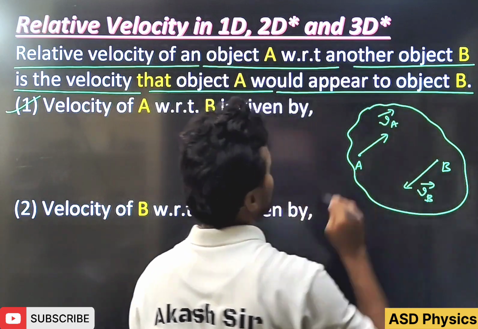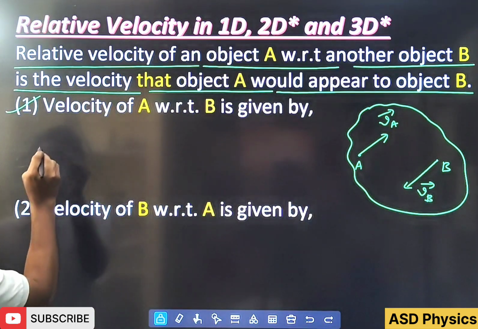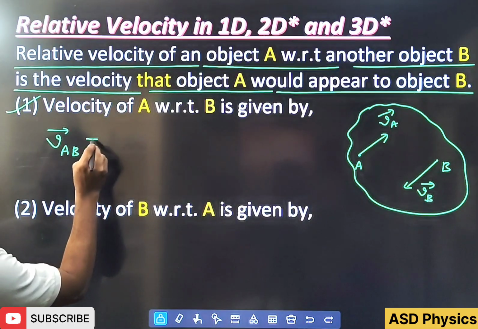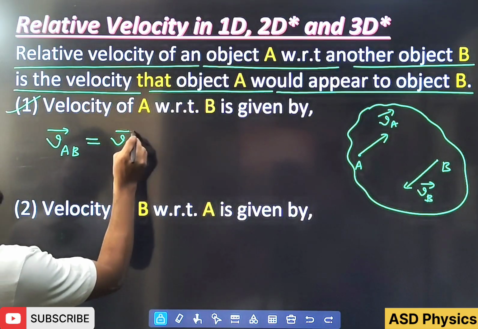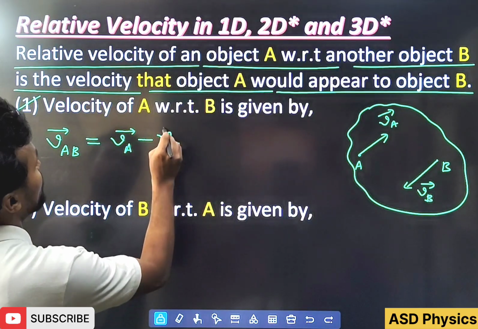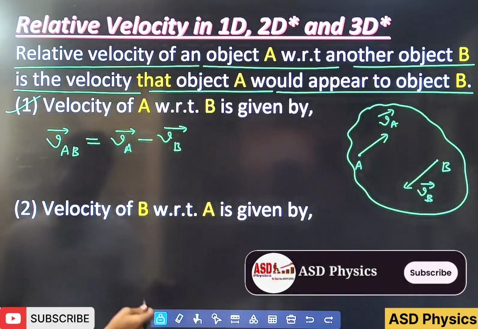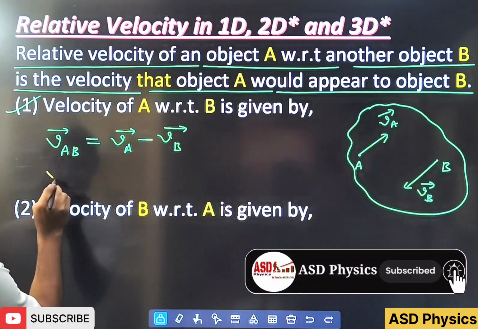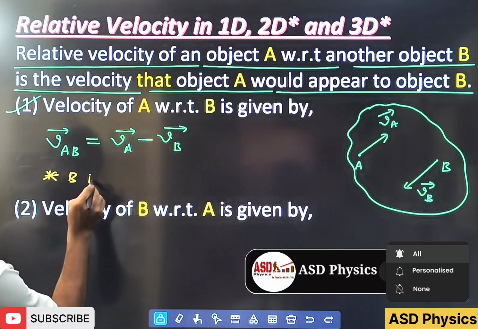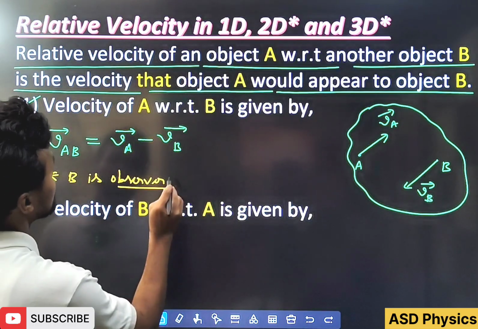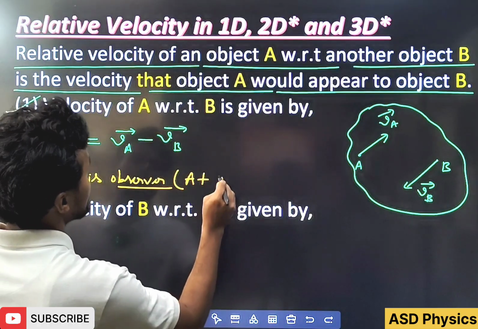When I write velocity of A with respect to B, what can we write here? Velocity of A minus velocity of B. Here who is the observer? B is the observer. So when B is the observer, that means this observer is in which situation? At rest.